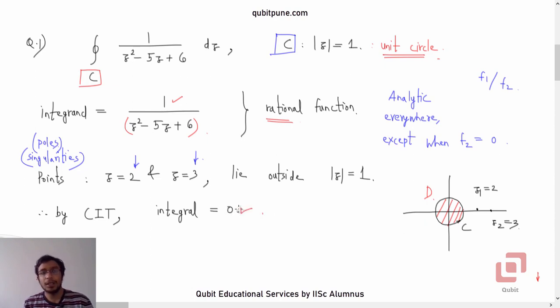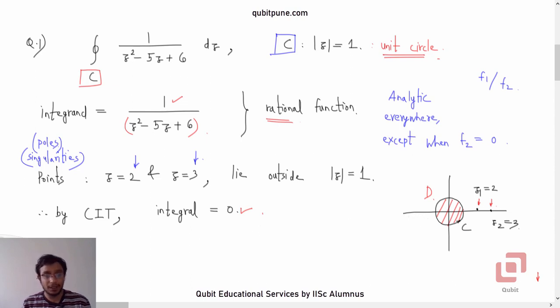Remember, we have carefully obtained the points at which the function is not defined, which then become the singularities of the function, and both of them were lying outside the closed curve, and therefore we could apply Cauchy's integral theorem.